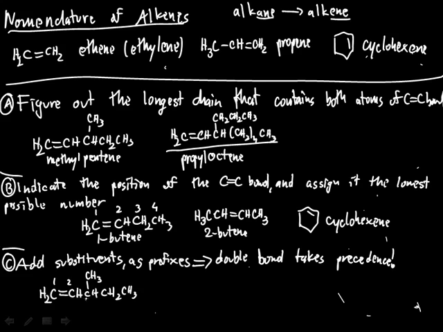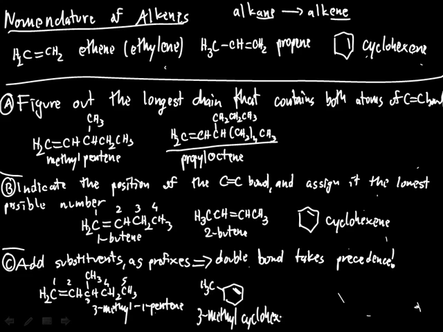So this will be 3-methyl-1-pentene. This molecule will be 3-methylcyclohexene. Note that in the cyclic system we don't need to indicate the position of the double bond because it's understood.